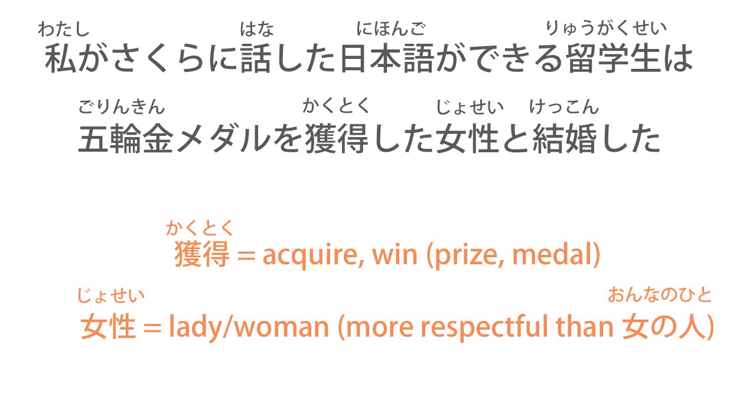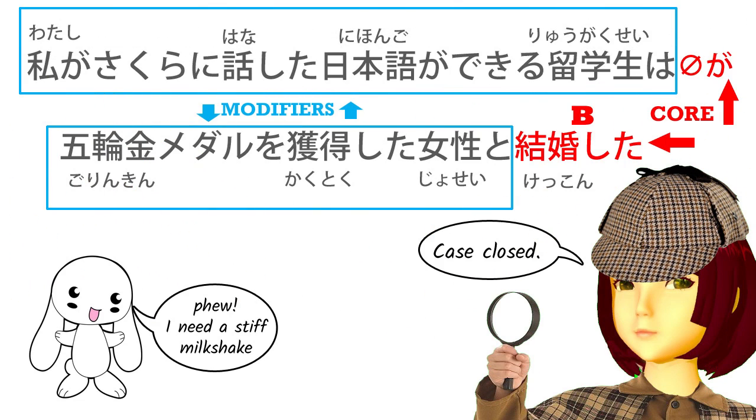And now we've come to the head verb of the sentence, to kekkon shita. So we were right. We have the A-car, which is the exchange student who can speak Japanese, as I told Sakura about, married a woman who won an Olympic gold medal. And as you see, we've got various actions going on in this sentence. We've got various things that could, under different circumstances, form logical clauses of their own, but none of them actually can.